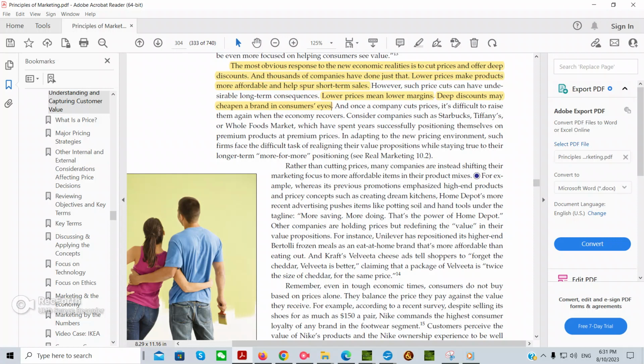Now, rather than cutting prices, many companies are instead shifting their marketing focus to more affordable items in the product mix. Product mix means you have different products that you can offer, otherwise known as a product line. You have one line where everything is this price, another line where everything is that price.